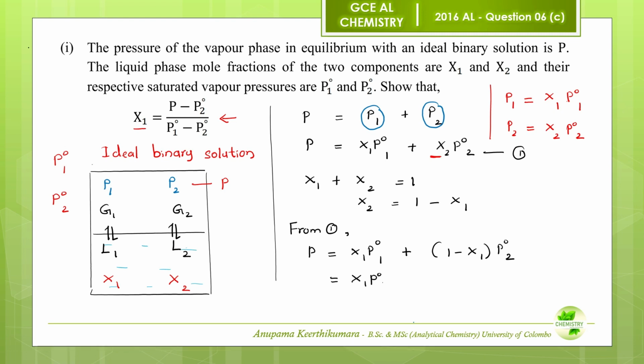So x1 P01 plus P02 minus x1 P02 equals P. P minus P02 equals x1 P01 minus x1 P02, which is x1 times (P01 minus P02).